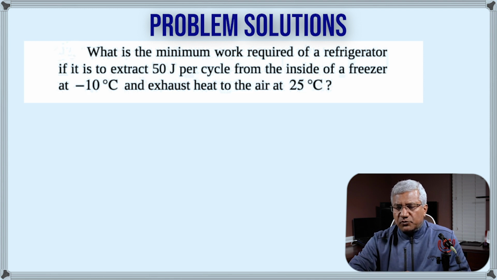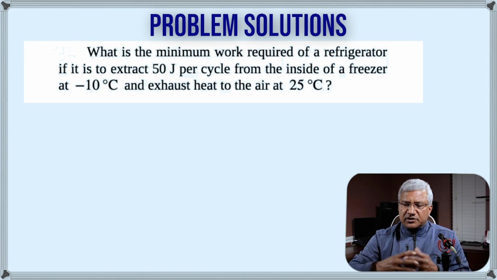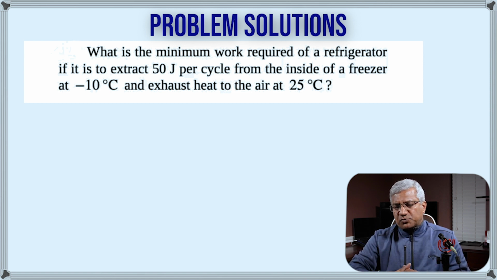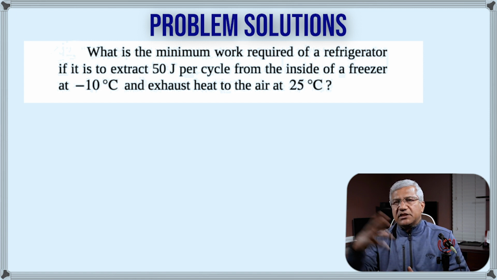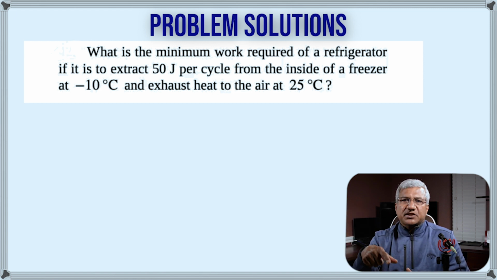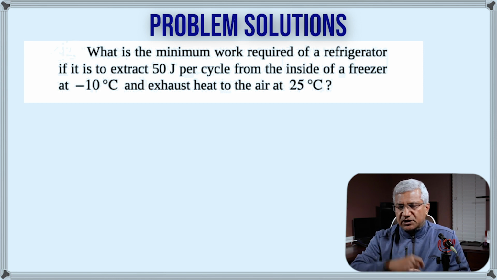What is the minimum work required of a refrigerator if it is to extract 50 joules per cycle from the inside of a freezer? So extract means remove. So that is QC. And the temperatures are given. So the cold is at negative 10 Celsius and the hot is at 25. You got to change both into Kelvin, of course. We're looking for work.